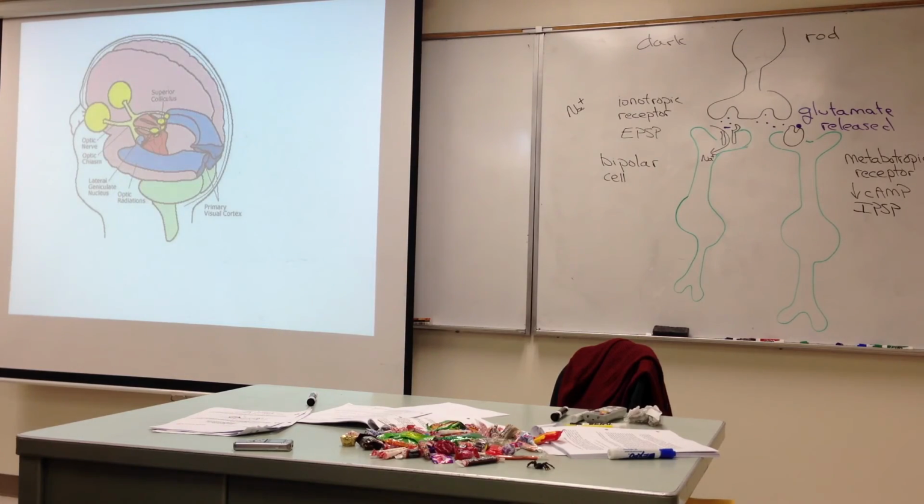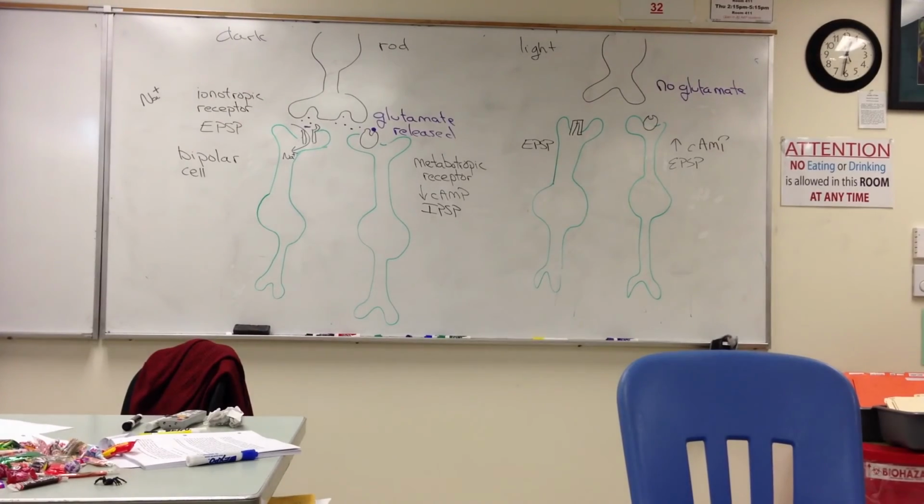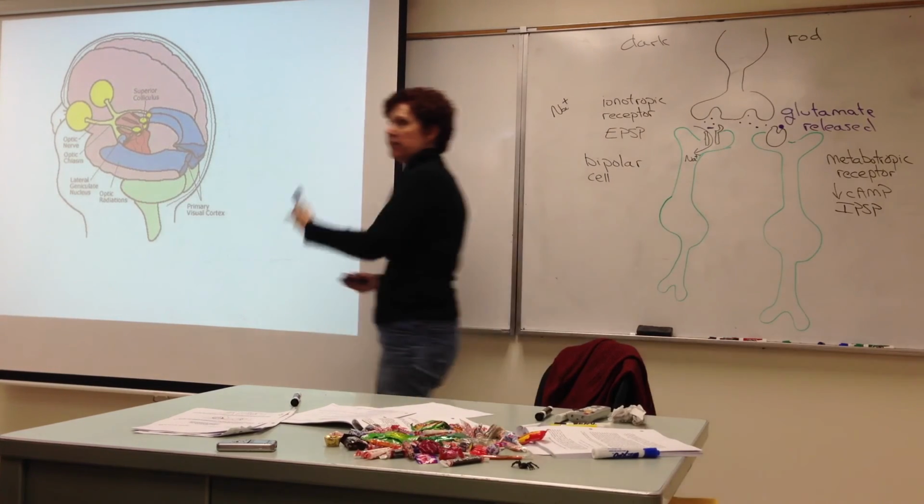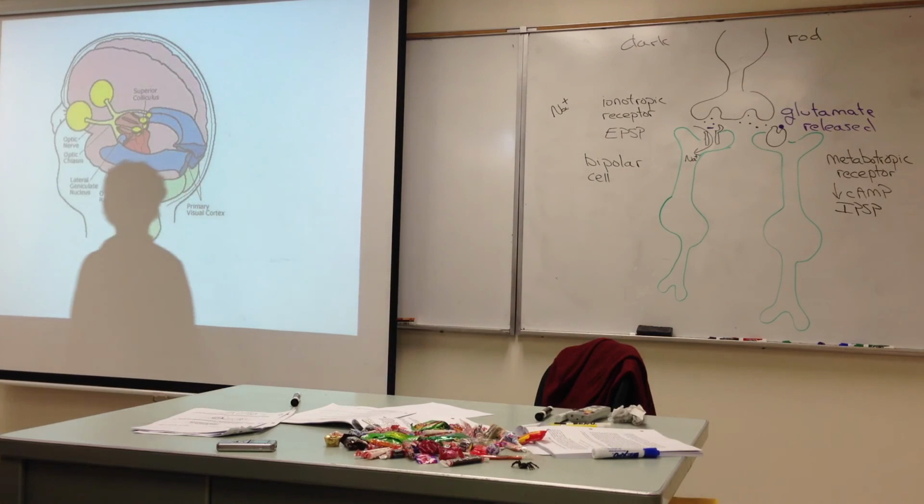All right, so the last concept that I want to cover is the pathway. I've drawn this already when we talked about the optic nerve, but I want to go over it again and talk about lesions: what happens to vision if we were to cut the optic nerve or the optic tract.